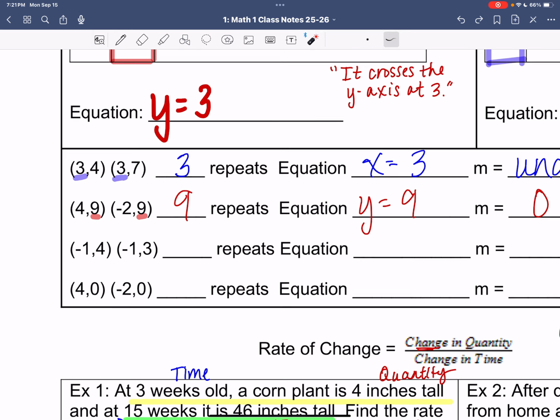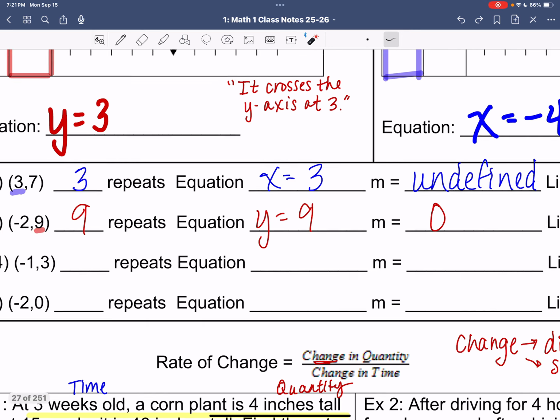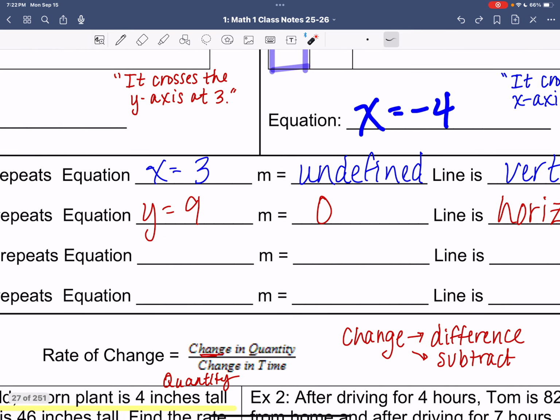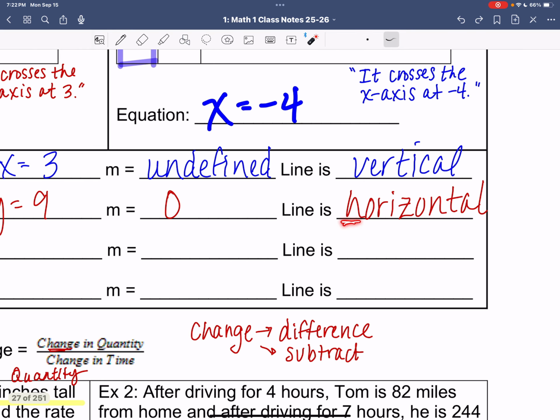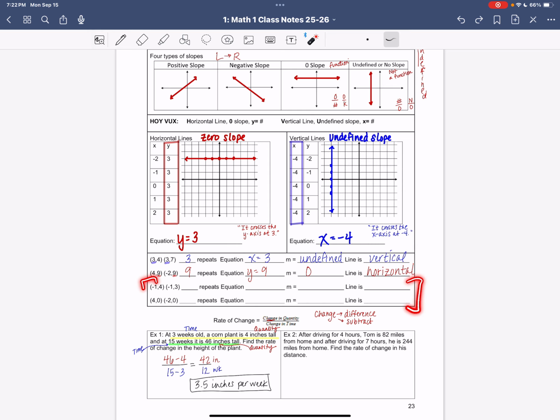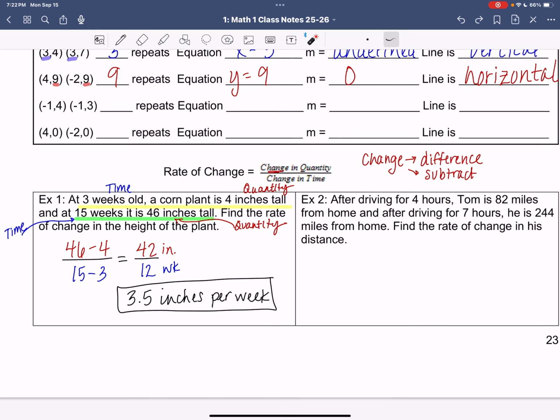Now let's look at the next one. Here, if you notice, your 9's repeat, which are your y's. Since it's your y's, it's going to be HOY, so it's a zero slope, and the line is horizontal. I want you to go ahead and try these two, and then we're going to talk about rate of change.